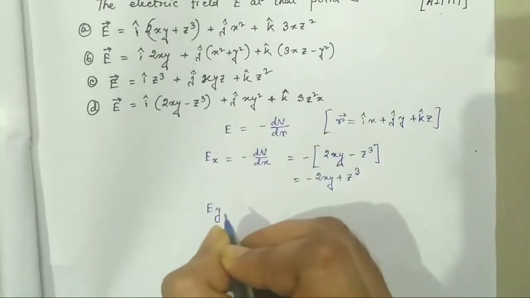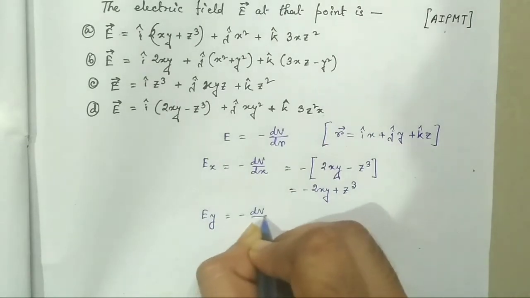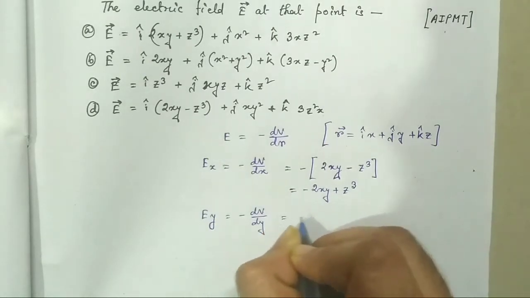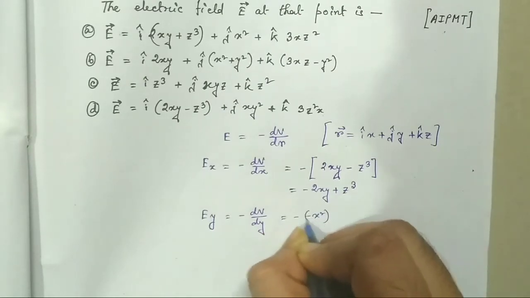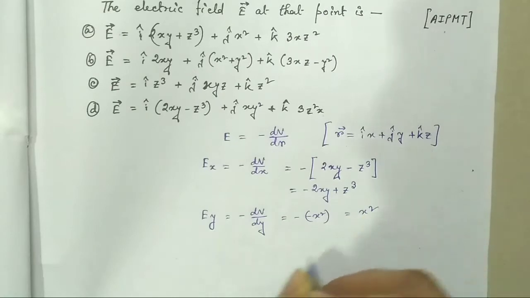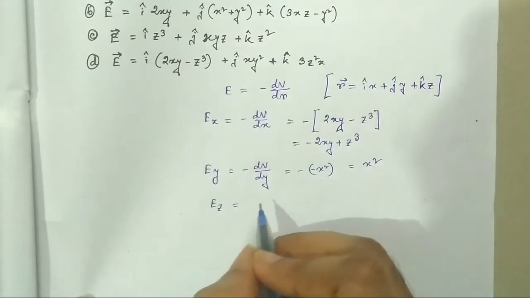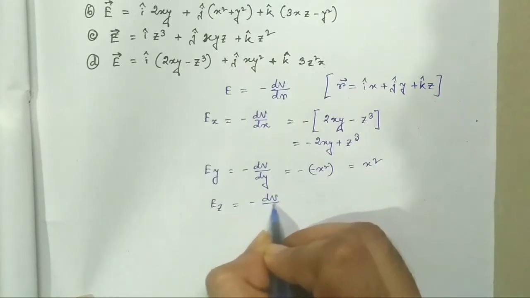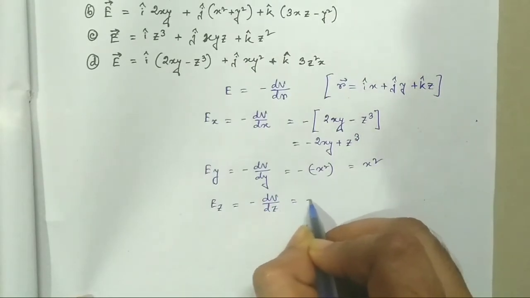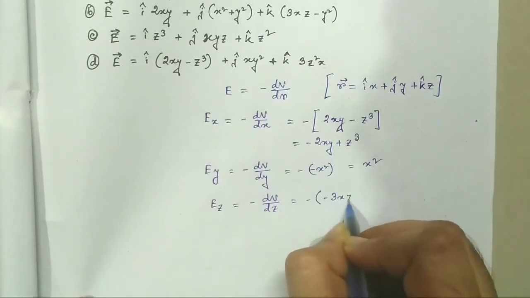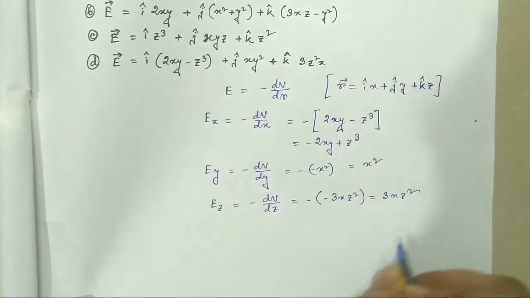Similarly, the y component of electric field intensity will be Ey equal to minus dV/dy, which will be equal to minus of minus x square, that is x square, and the z component will be Ez equal to minus dV/dz, that is minus of minus 3xz square, or 3xz square.